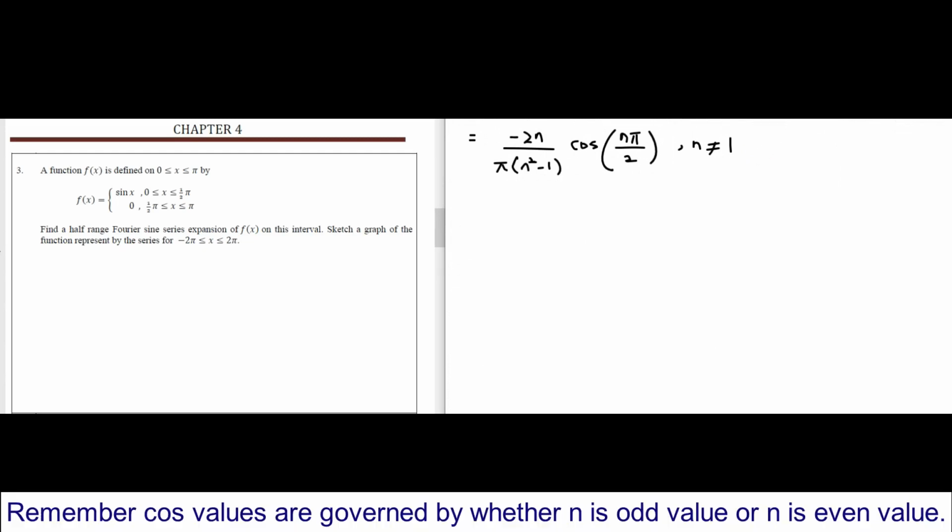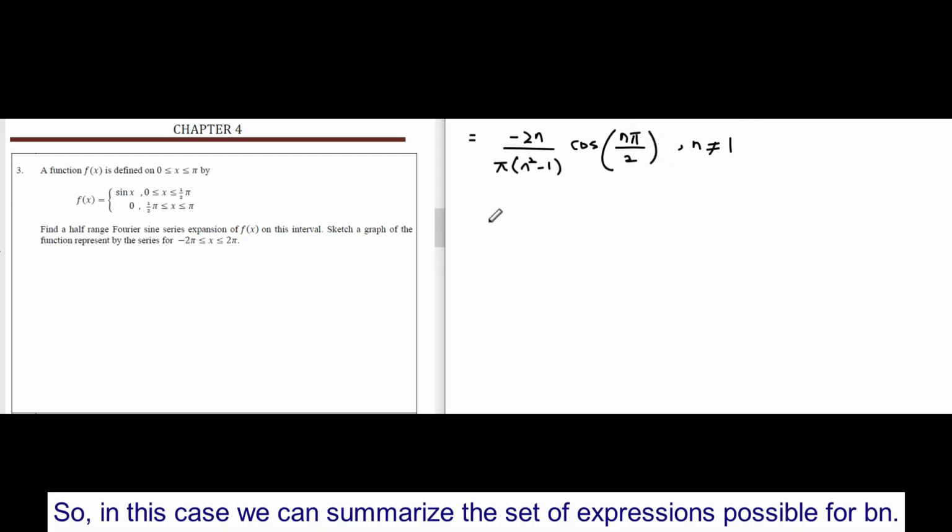Remember, cos values are governed by whether n is odd or n is even. So in this case, we can summarize the set of expressions possible for Bn.